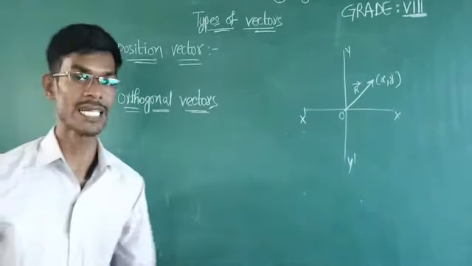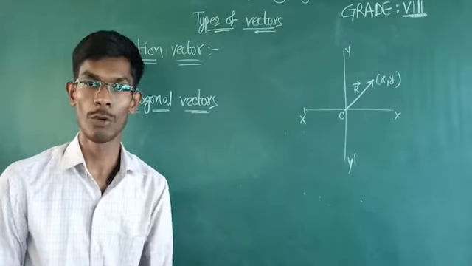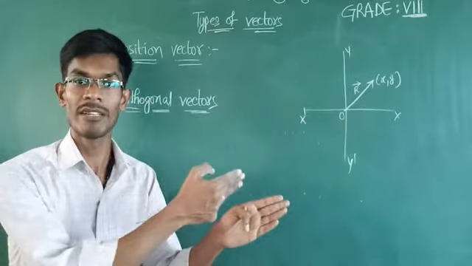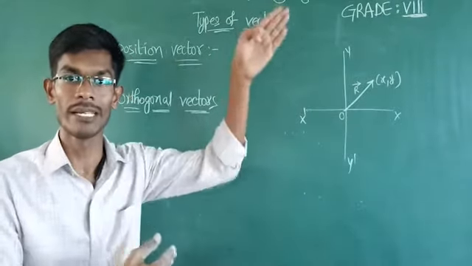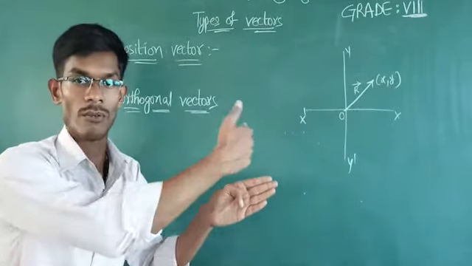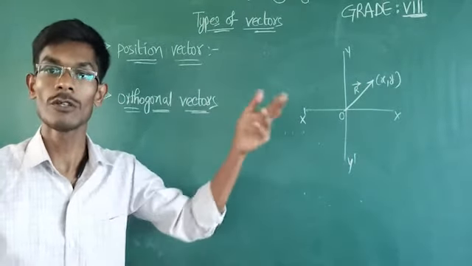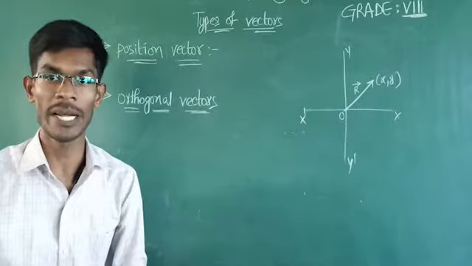So if we consider the corner of the room, it will have some length, some breadth and some height. So the x axis, y axis and z axis, if we consider like that, those three are mutually perpendicular to each other.